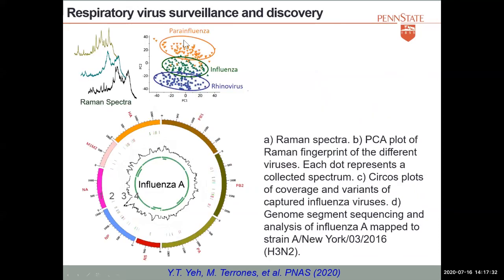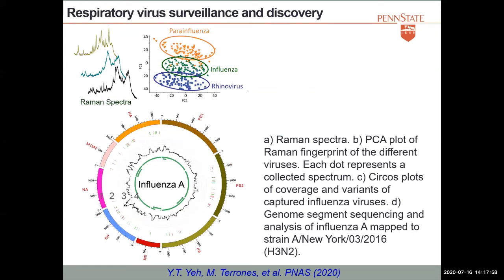So with the human respiratory viruses, we tried the rhinovirus, the influenza, the parainfluenza, and these are the Raman spectra, which are different. And using a machine learning algorithm, we can really classify and identify different viruses. And the accuracy is around 92%, depending on the viruses and how good the Raman signal is.